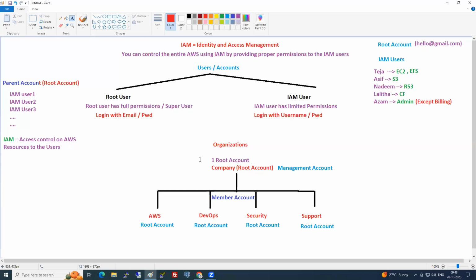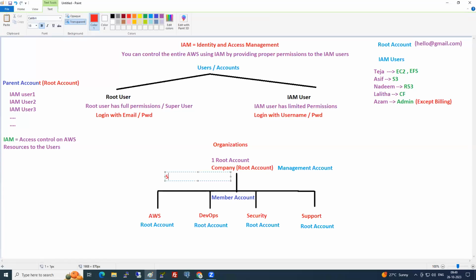So the main account is called what account? Management account. The bottom accounts are called member accounts. So this management account can control the member accounts? Yes. How does it control? Using a concept called SCP. What is that? Service control policies.